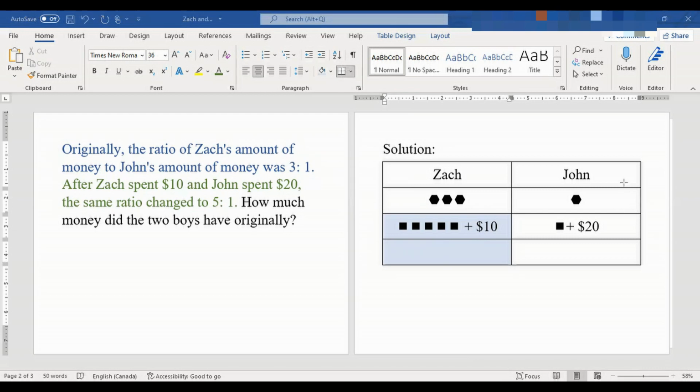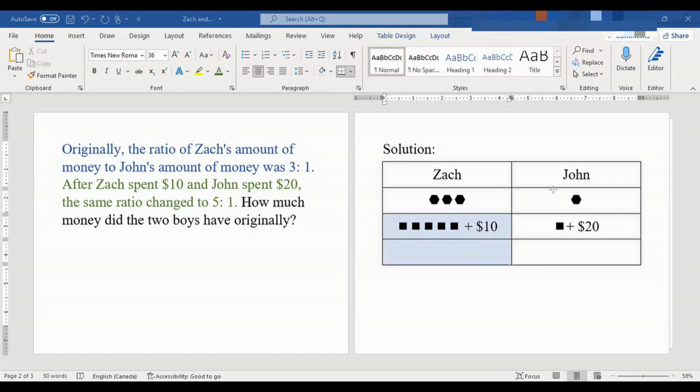We see that in the blue sentence, John's amount is 1/3 of Zach's amount. So if John were to have 1/3, Zach would have all 3/3. So to show that, we can see that Zach's amount is 3 times John's amount. And if John's amount can be represented by a hexagon, as we saw in the first representation, it can also be represented by a square plus $20, because both representations for John show the original amount of money that he had.